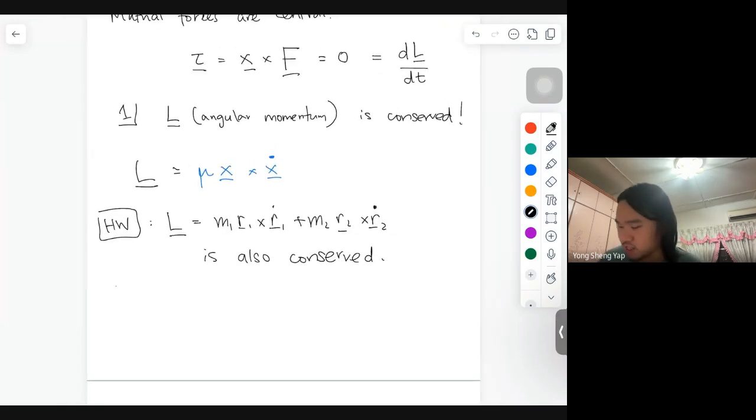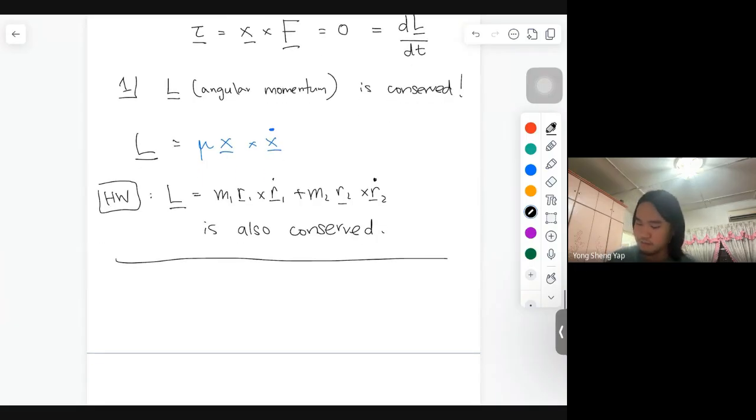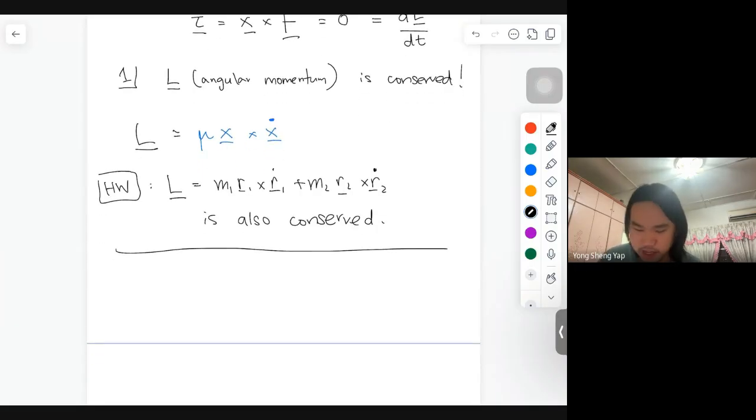So what is the angular momentum of the second system? We can put the center of mass fixed over here, and the reduced mass over here.